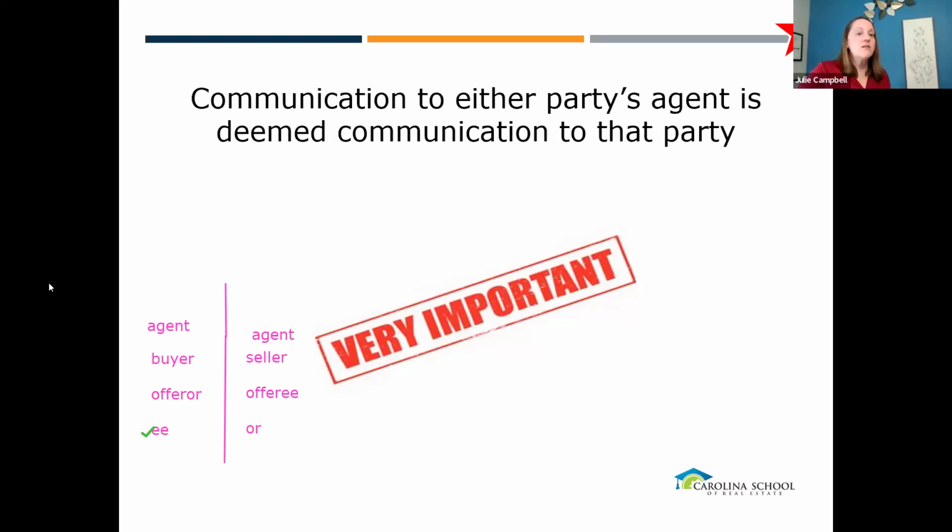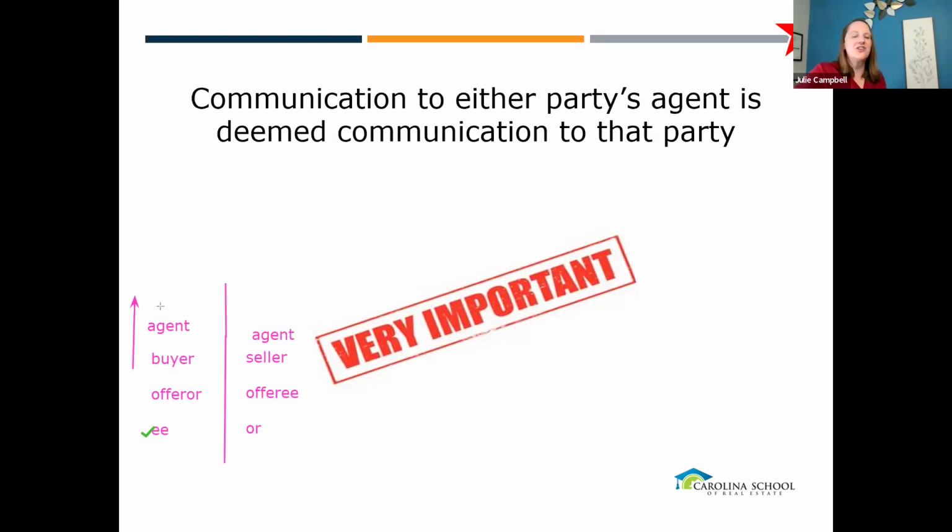Buyer calls their agent and says, I have accepted, I have signed. When the buyer calls their agent, did that communication cross the line? Nah, we're still over here on the left, aren't we? So do I have a contract yet? Not yet. We're still on step one, aren't we?